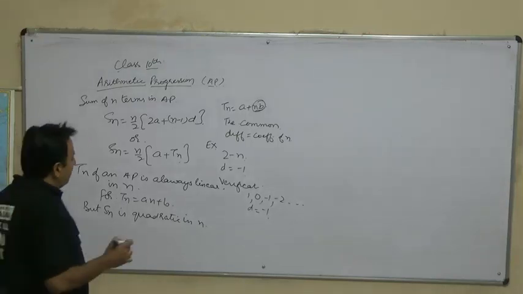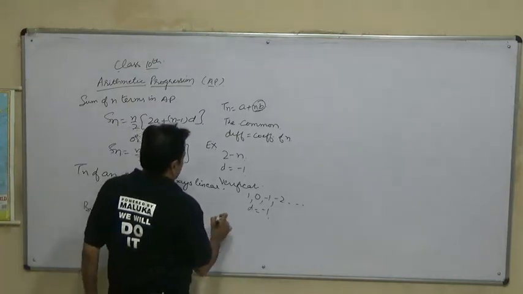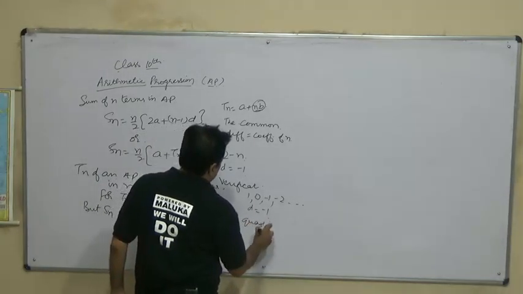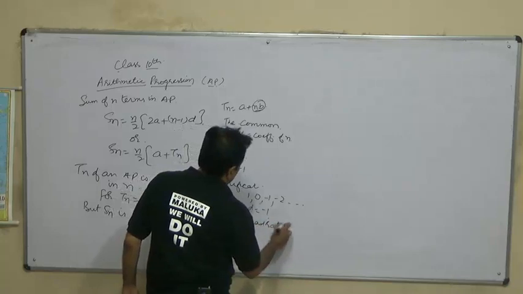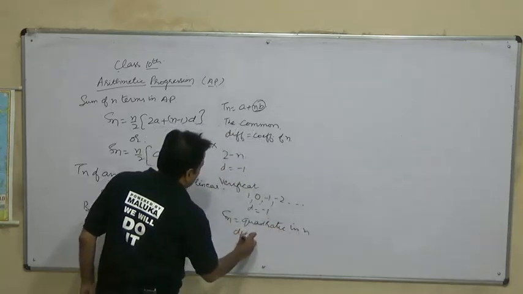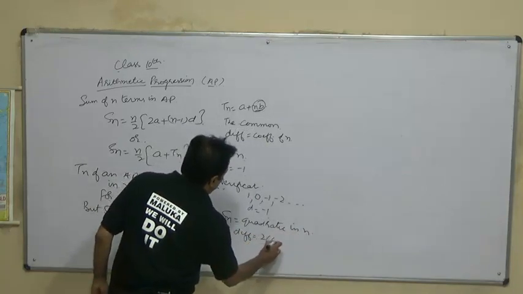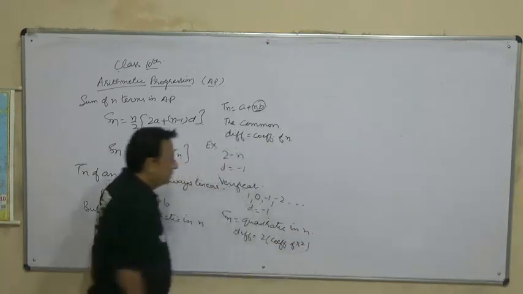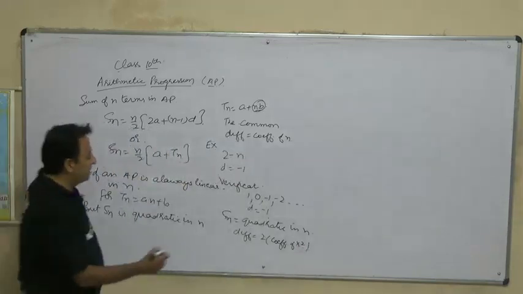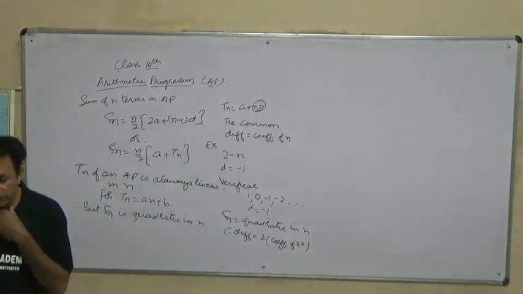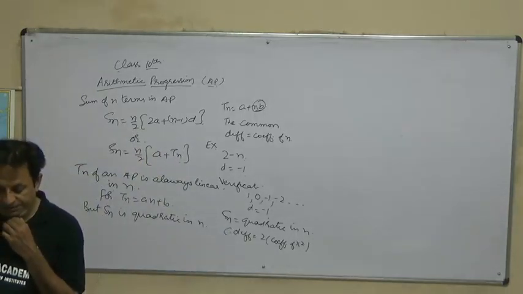And when Sn is given as quadratic in n, the common difference is twice the coefficient of n square.